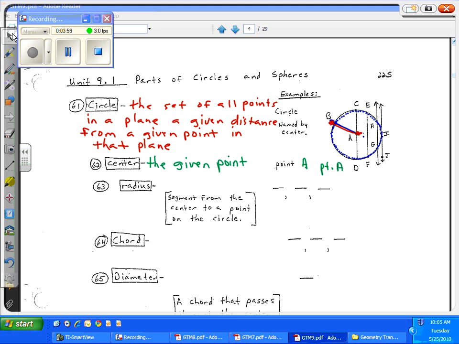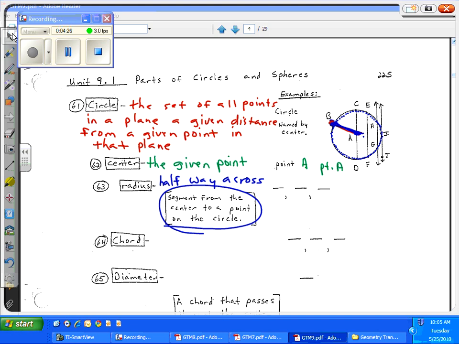If we look at how to draw the radius, then it is a segment from the center to a point on the circle. Again, it was that given distance, or we might even say it's halfway across the circle. So it's half the distance across the circle.